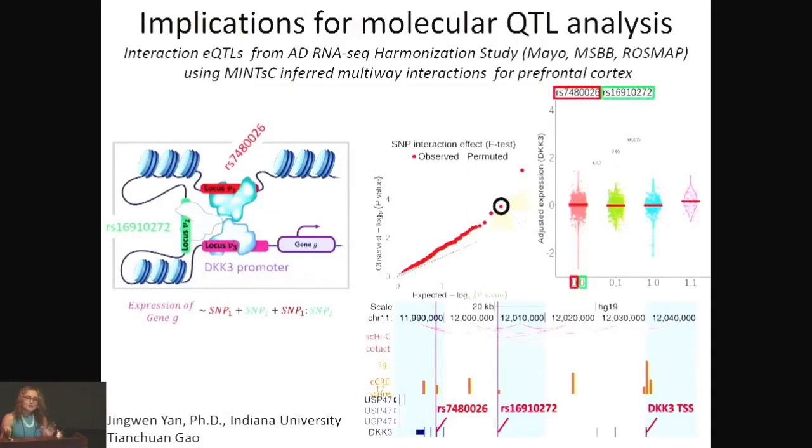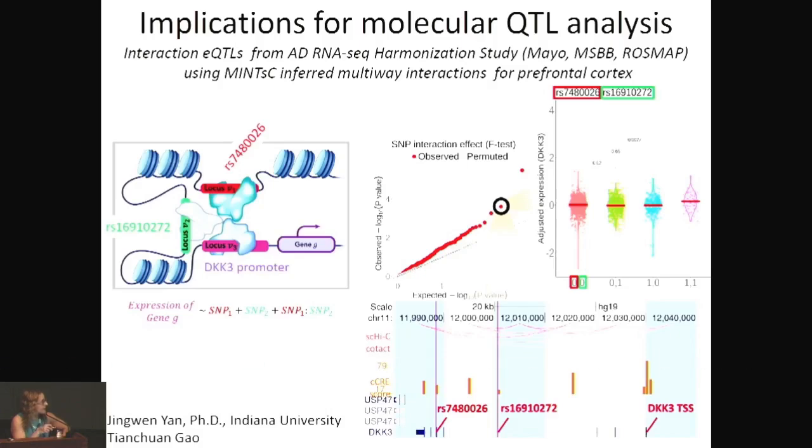Okay, so then I'm going to tie it back to why we want to capture these multi-way interactions. The idea is to be able to go in and profile molecular QTLs or GWAS. So this is ongoing work in collaboration with Jingwen Yan. We took an Alzheimer's study where you have controls and Alzheimer's and gene expression from their cortex.